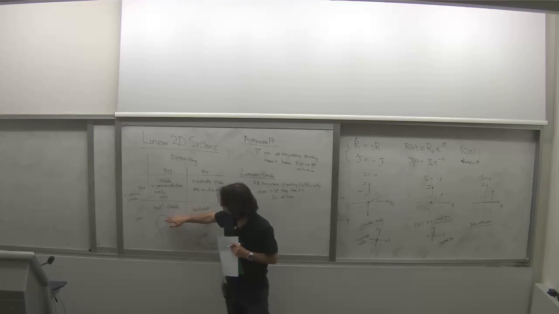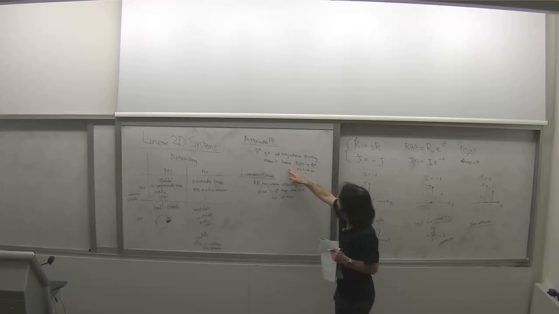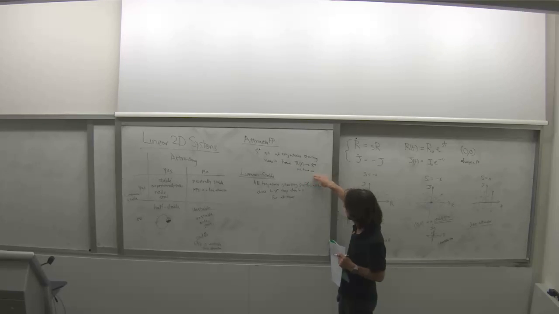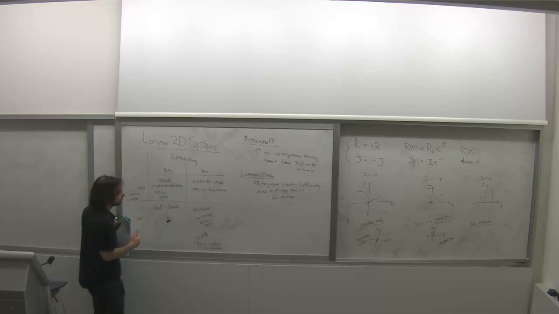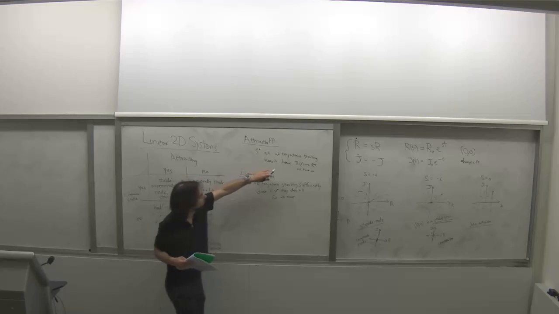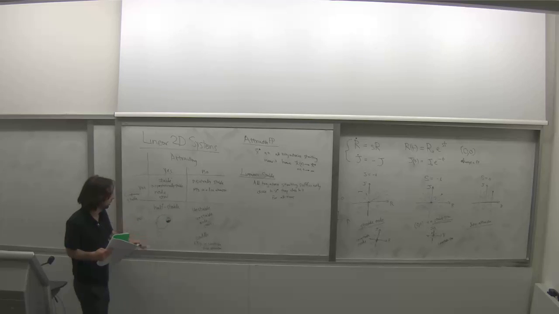It's attracting because for any point close to it, you will get to this fixed point as t goes to infinity. But it's not Lyapunov stable, so trajectories will not stay close to it for all times, but when you look at long times, they will get there.